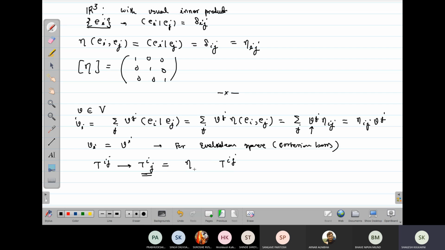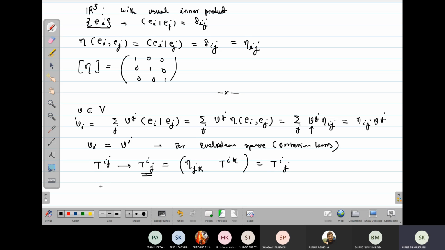So I need to place j here, eta jk, and then I need to place k here, with summation over k. If I sum over k, then eta jk T ik will give me T i j. Summation over k is implied.